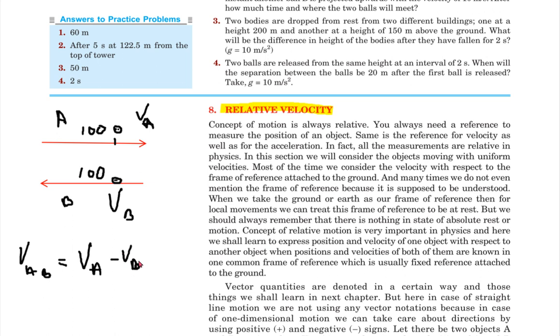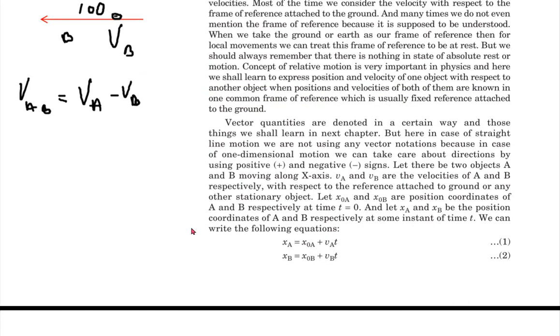Relative velocity will be subtracted. And here Va moves with 100 and Vb also is moving with 100, but in opposite direction. So I'll get 200.